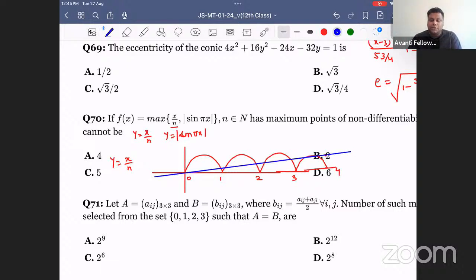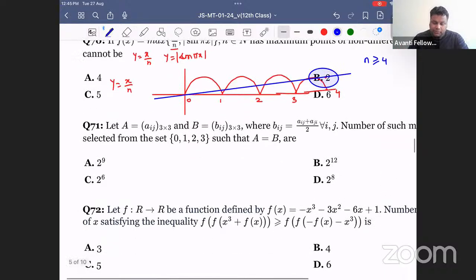Am I clear? So at 4, the value of this should be more than 1. Got it? That means n should be somehow greater than or equal to 4 for maximum points of non-differentiability. So in that case, the value cannot be 2. That is your correct answer. Got it? Well, simple question.